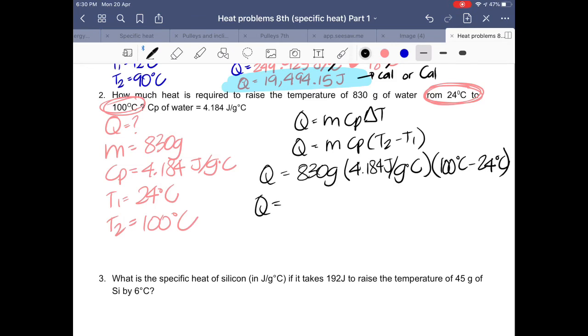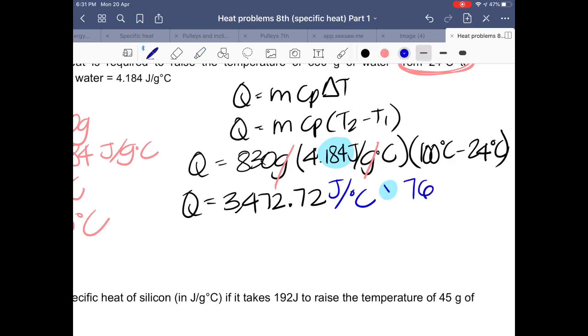So you will multiply 830 times 4.184, and it's 3,472.72. You cancel grams with grams, so you have joules over degrees Celsius. It's important for you to put 3 or 4 decimal places in the calculator, okay?